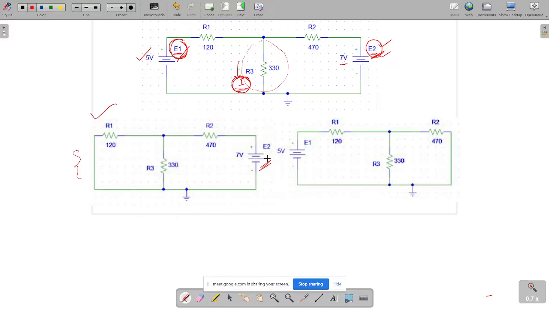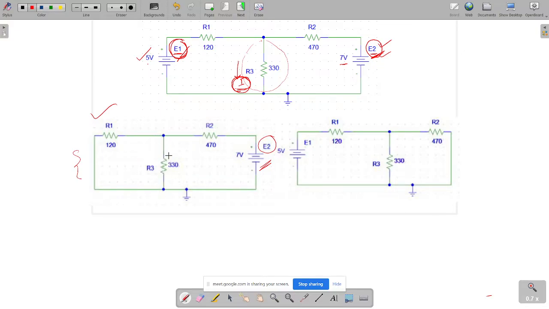This only has the E2 voltage source, which means that all the branch currents flowing through this entire circuit will be due to the contribution of this particular voltage only. That is, this voltage will be generating all the currents flowing through every branch.